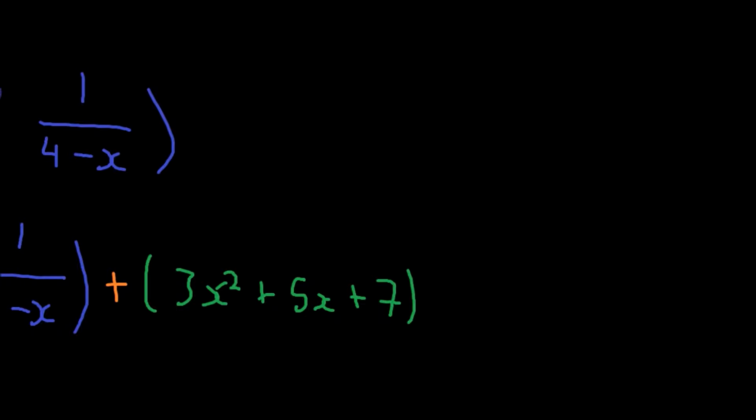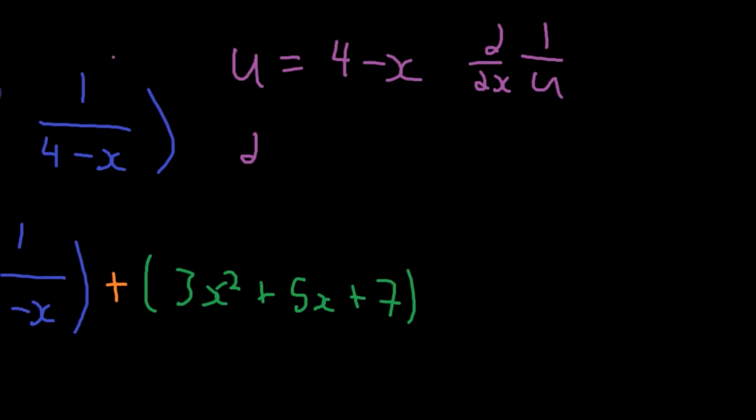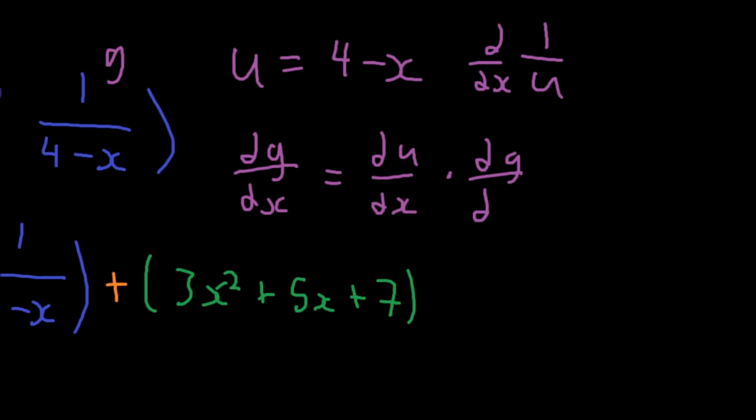What we notice is that if we say u equals 4 minus x, then we can look at this as a composite function where we're looking at 1 over u, and we're trying to find the derivative with respect to x. Let's call this function g for a second. dg by dx equals du by dx times dg by du.